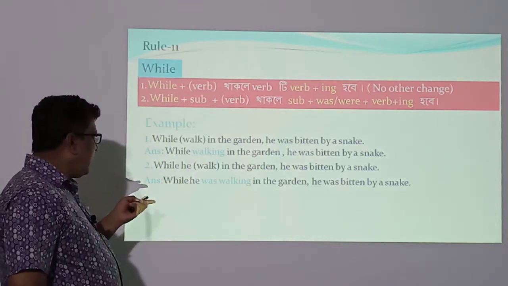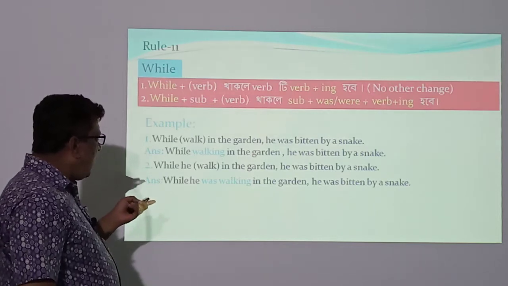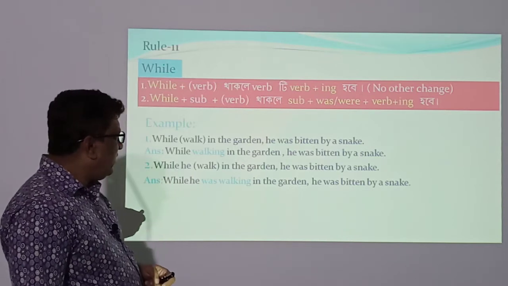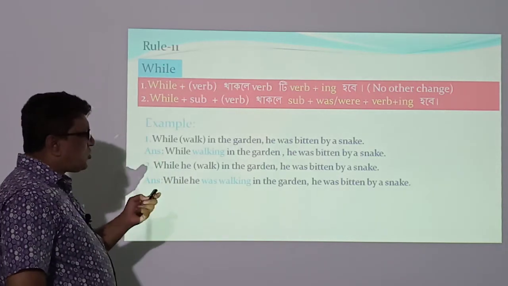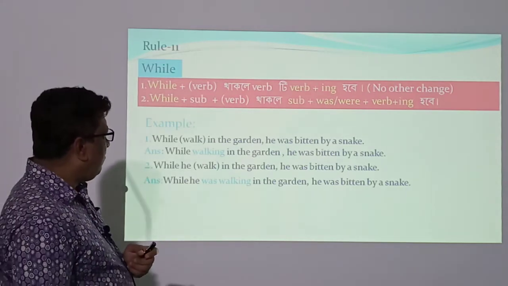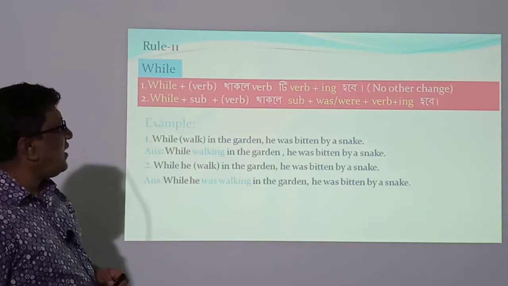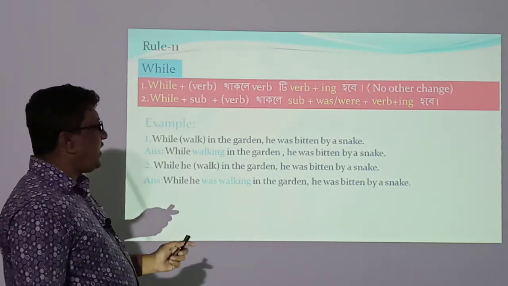In the second example, while is followed by a subject, then we find the verb. In such cases, we will use the past continuous form of the verb. So, while he was walking in the garden, he was beaten by a snake.